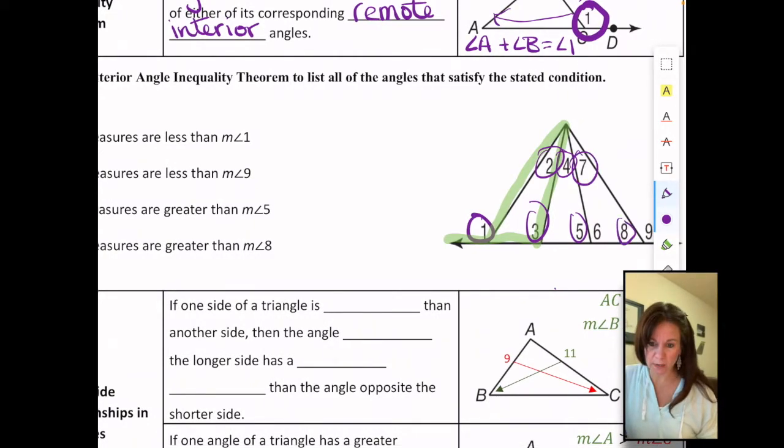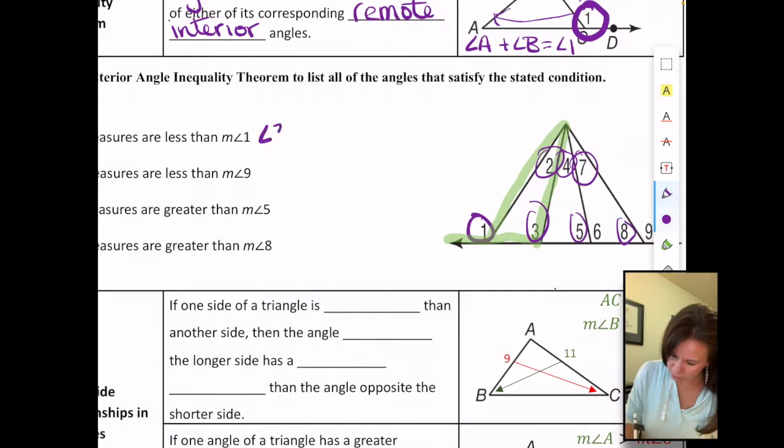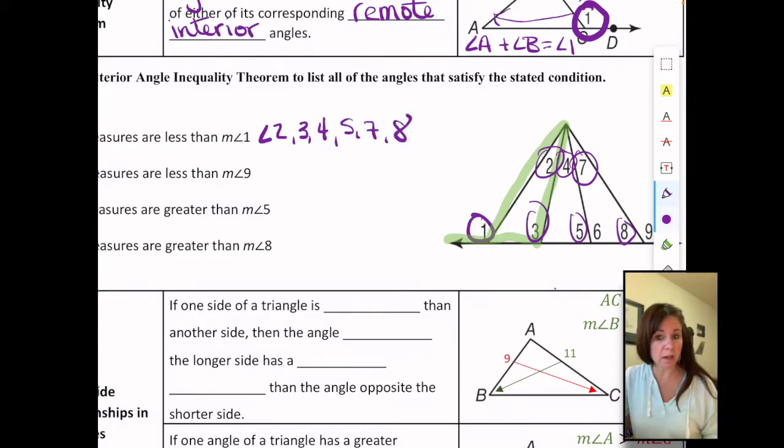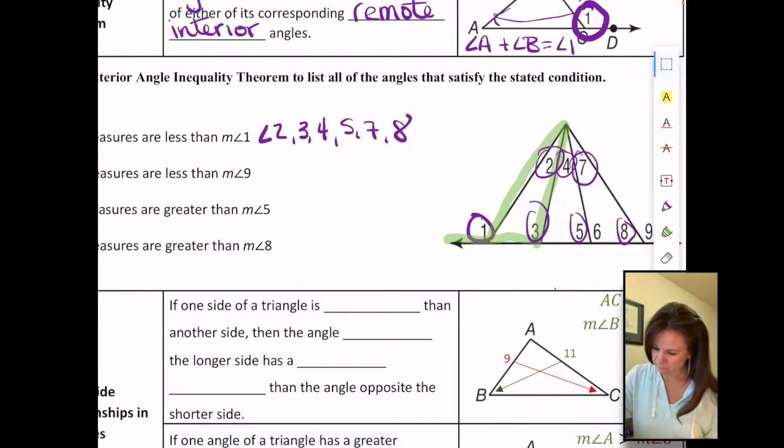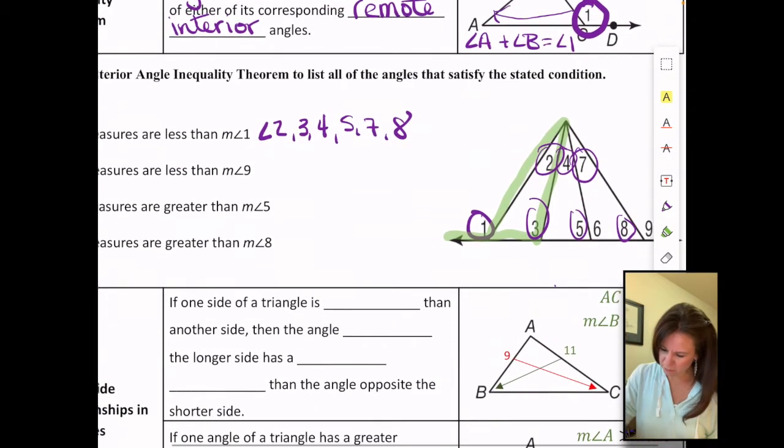Those are all remote interior angles. Any others? So we've got angles 2, 3, 4, 5, 7, and 8. There's a lot going on there. Let's clean this up and we'll try the next one.